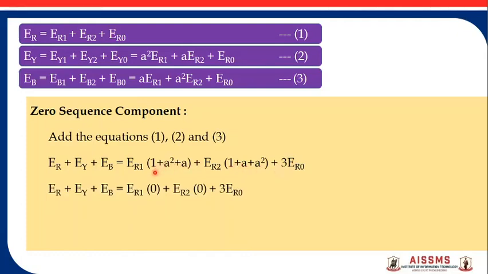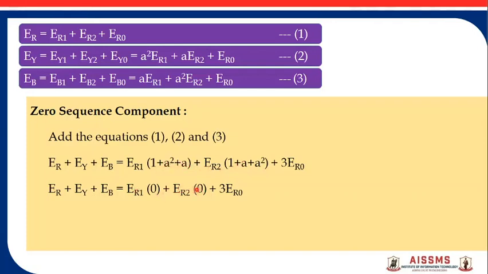But if you see the properties of operator A, 1 plus A square plus A is always equal to 0. So this term is 0, and this term is 0. So replace these terms by 0.